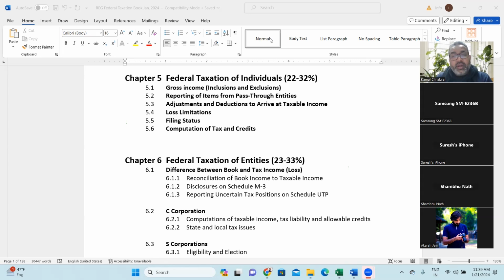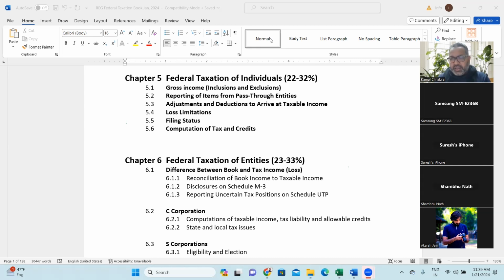Second, if you are married, you have two options: you can file a married filing joint return, or you can file a married filing separate return. Fourth one is head of household, but this is totally different from what you have studied as a Karta in India. And the last one is qualified widow(er). So these are the five categories.